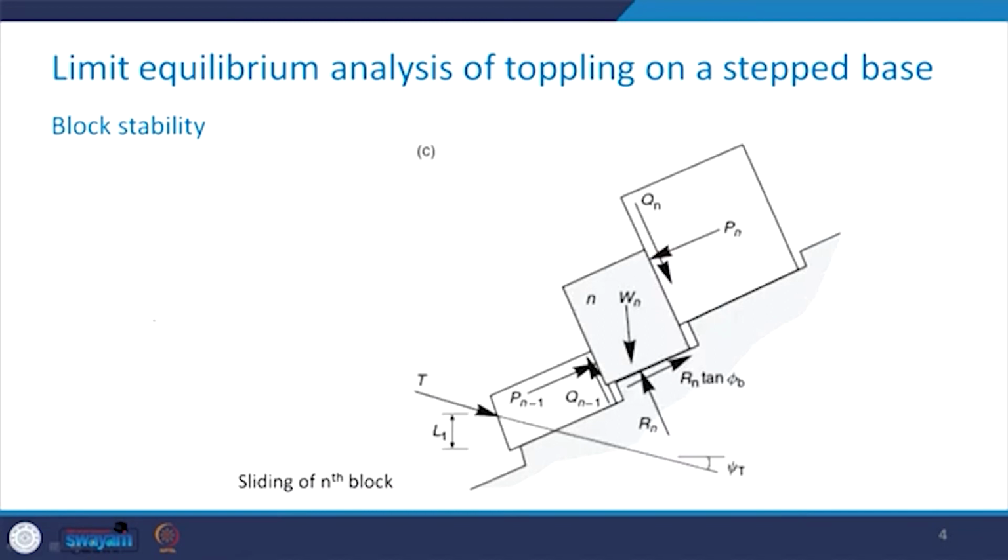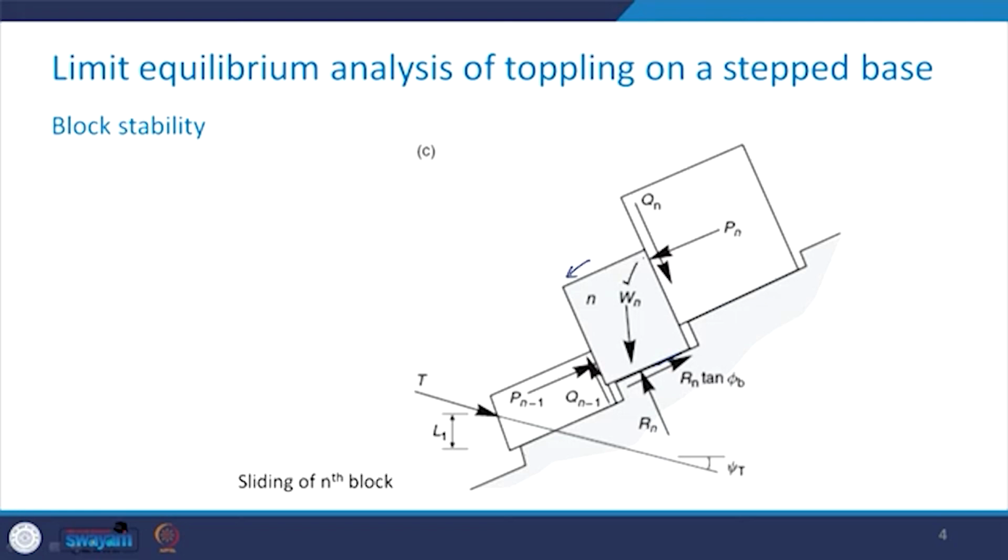Now if this nth block does not topple but slides, then in that case you see that there is no gap in between these two planes and this block is going to only slide.